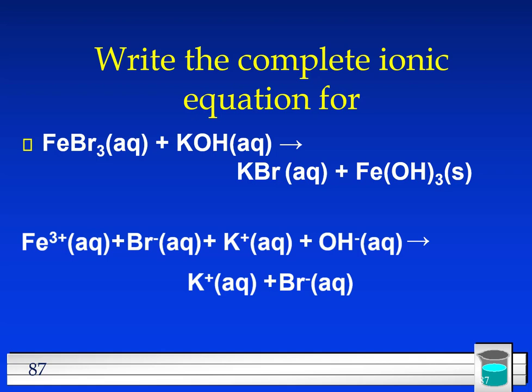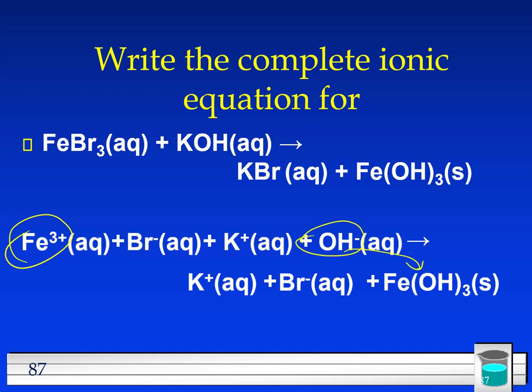Is there really Fe(OH)3? Well, yeah, it's sitting at the bottom of the test tube, right? So you can see what happened here was the Fe3+ and the OH- got together and got removed from the solution. The K+ and the Br- are still there. Does that make sense? Yeah.